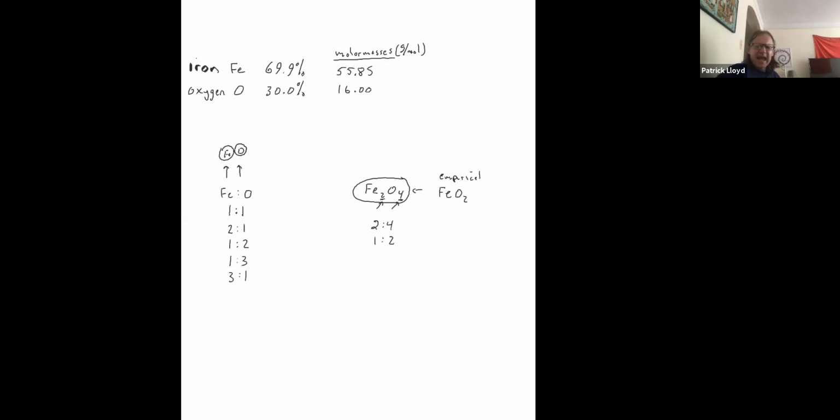This is the most standard method for this type of problem. What we're told is these percentages are percent by mass. So what this is saying is that if you had 69.9 grams of iron in this compound, so you weighed it out and you found that there was 69.9 grams of oxygen.